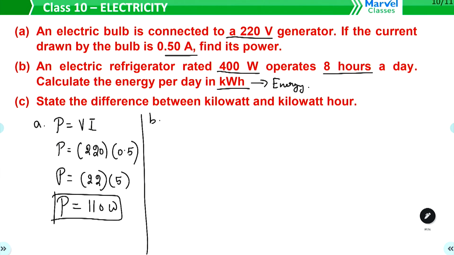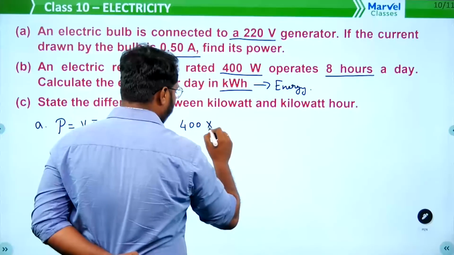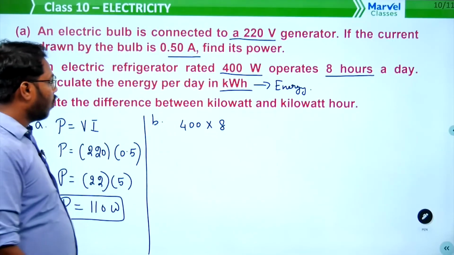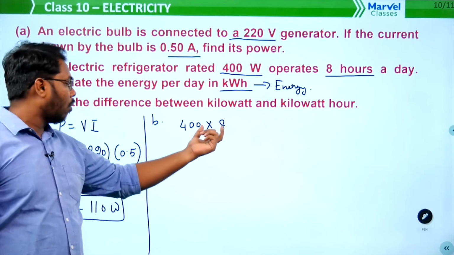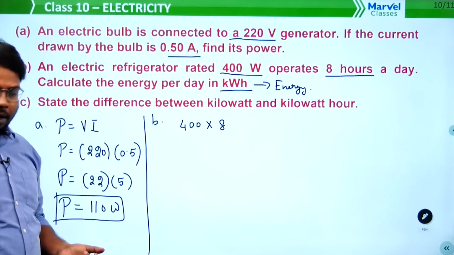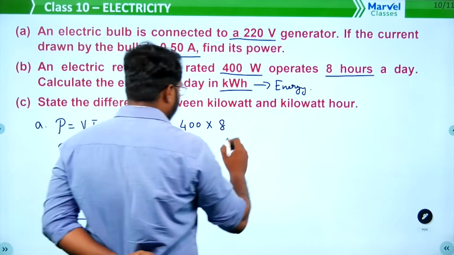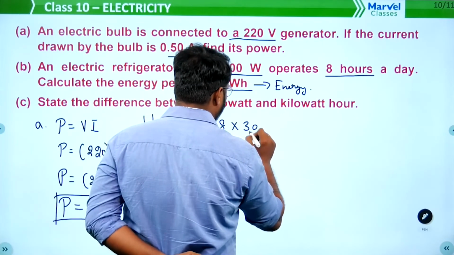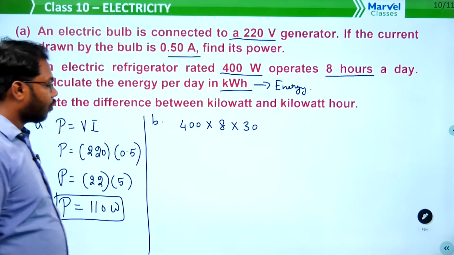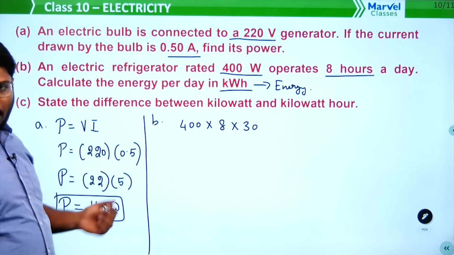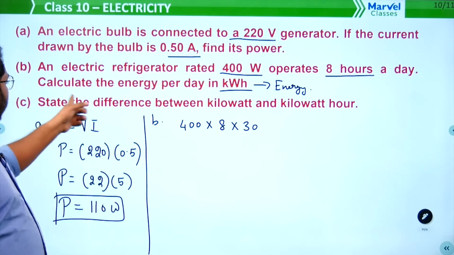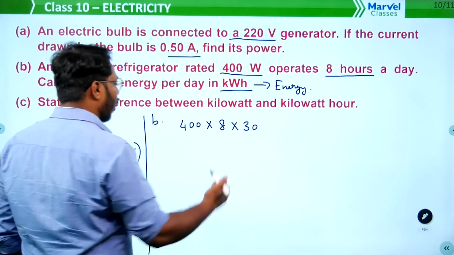So look what I am going to do: 400 watt into 8 hours. The equipment with 400 watt is operated for 8 hours a day. Like this, if it is operated for 30 days, you can calculate it for a month. But they just want us to calculate for a day.